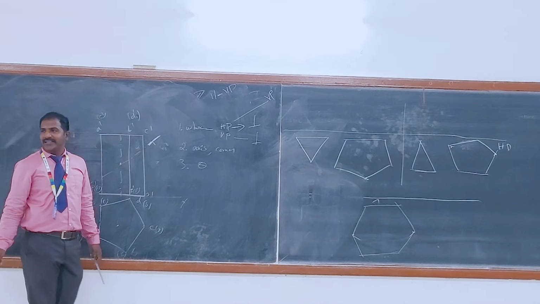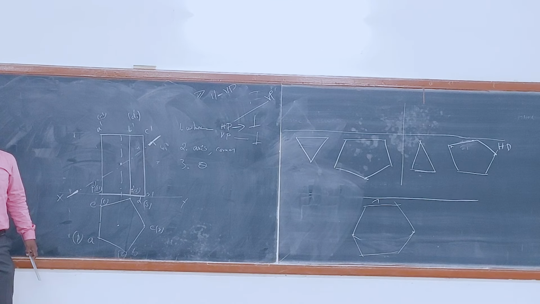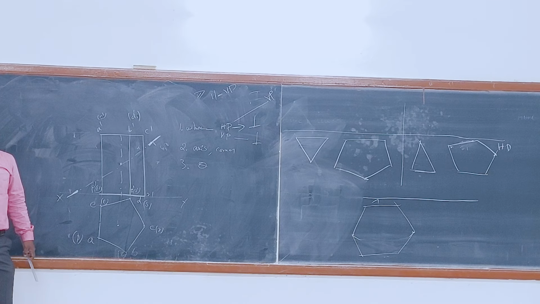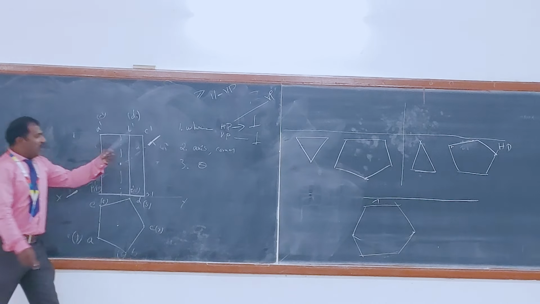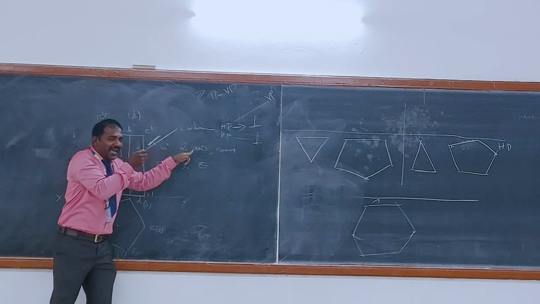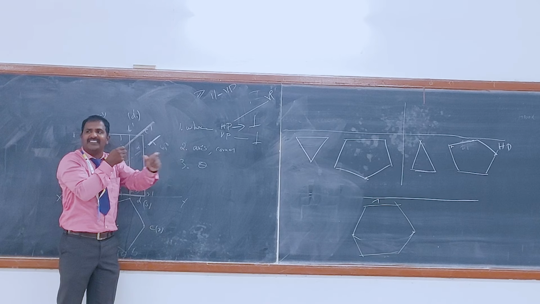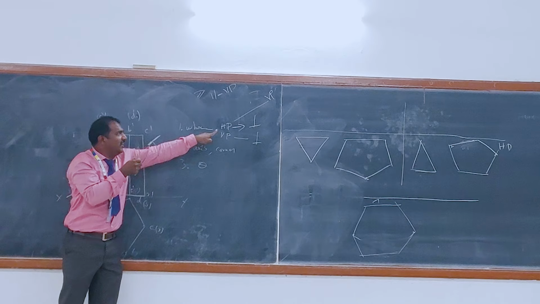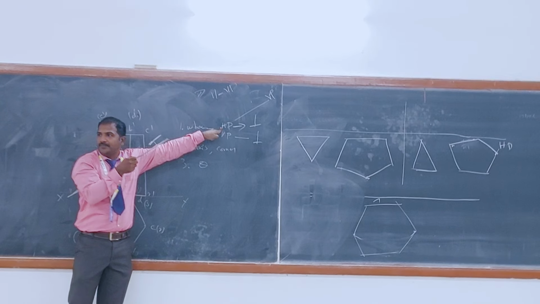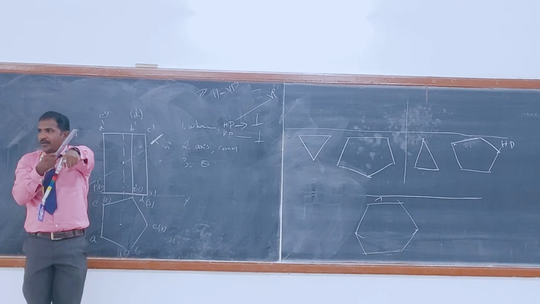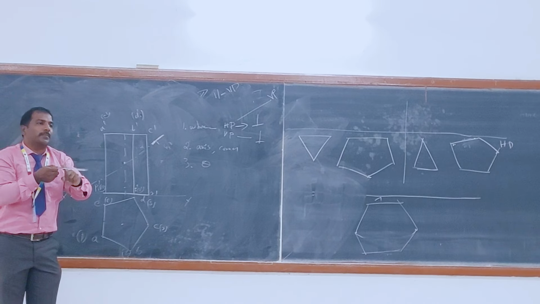These three things are very, very important. For example, 45 degree inclined, meets the axis at a given distance, and perpendicular to HP. All three are given in the question for the cutting plane.